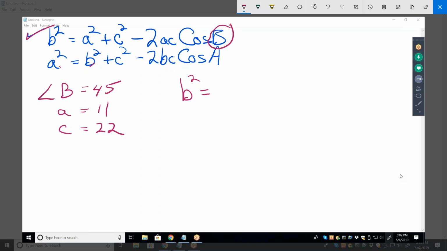So do you have your calculator in front of you? What's 22 squared? 484. It's always minus cosine of 45 degrees.